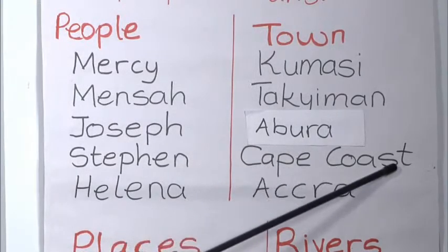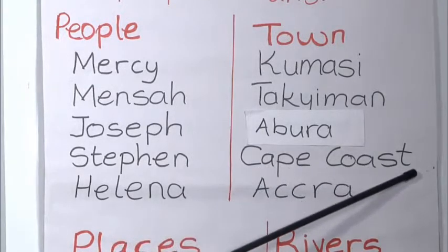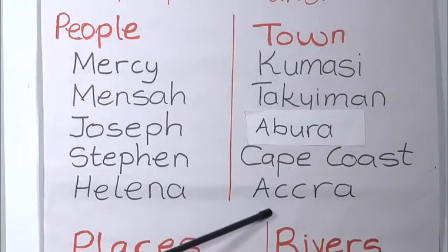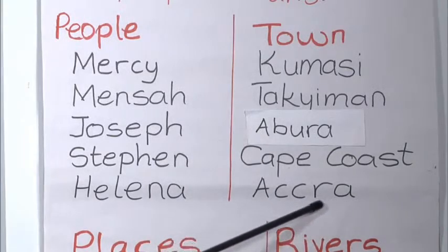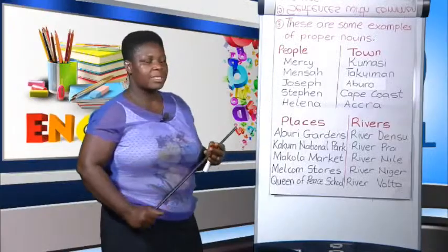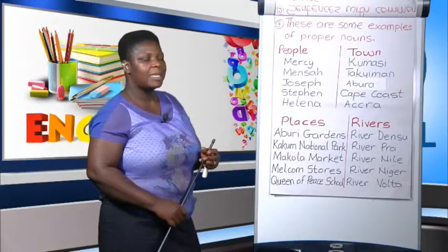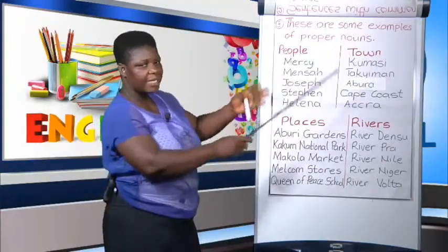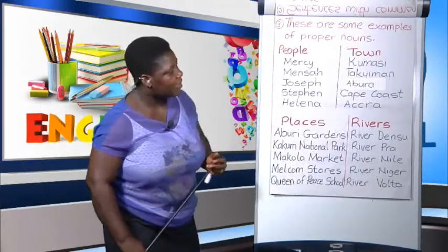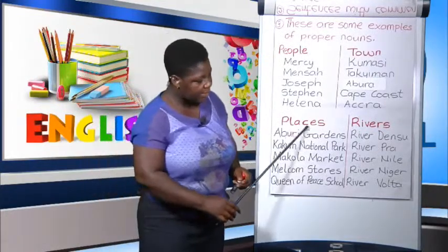Cape Coast. Accra. So these are few towns that we have here. There are a lot of towns that we could have written here, but we can't write everything. So let's take these. Now we move to places.